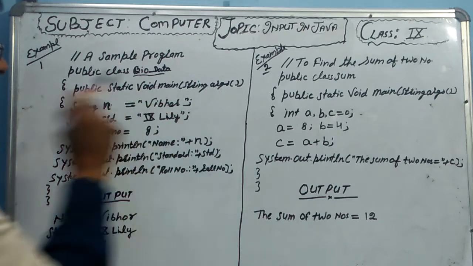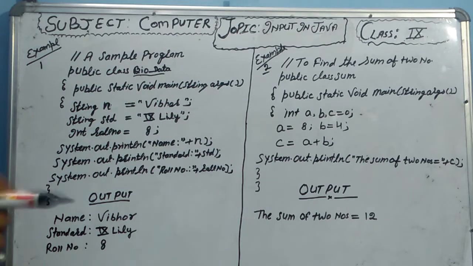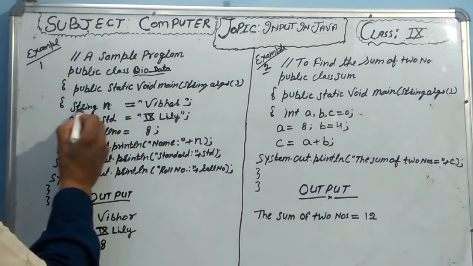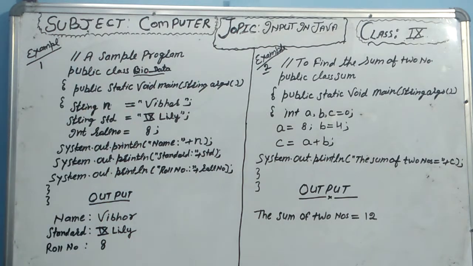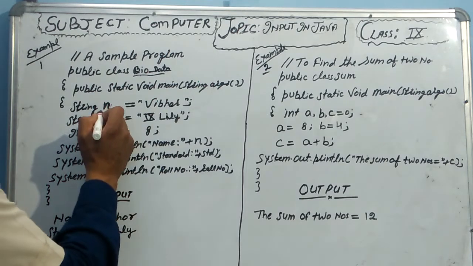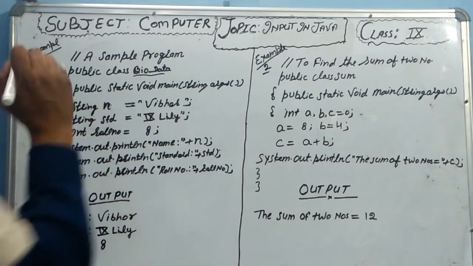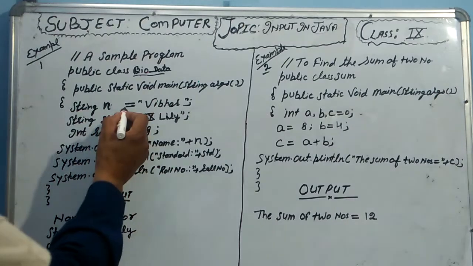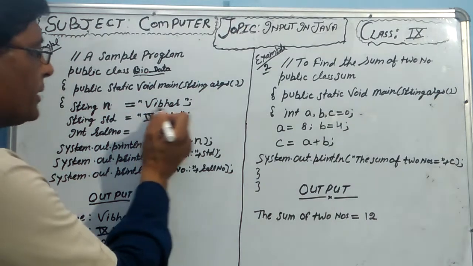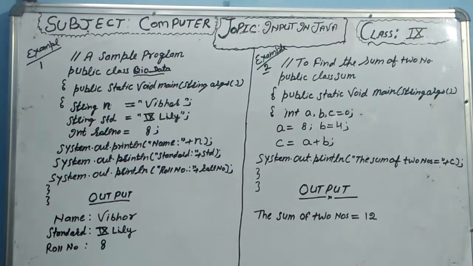Our name is string type. String means any type of alphabets, any sentence. So we will use the data type String, and for the name we use the variable n, then the equal sign, and in double quotes you will write the name. Any name, you can write your own name.